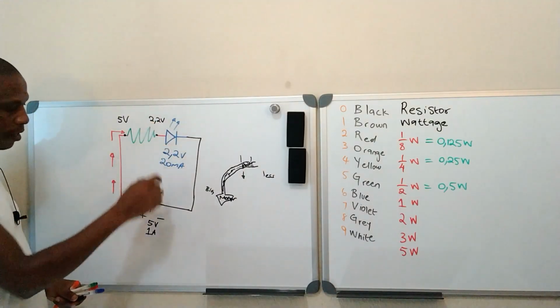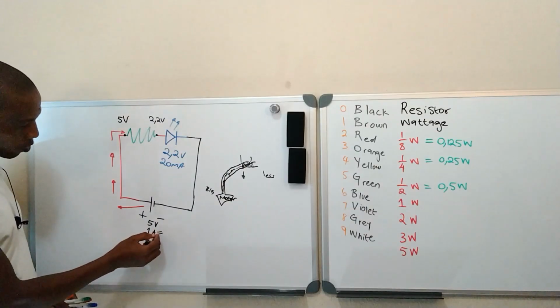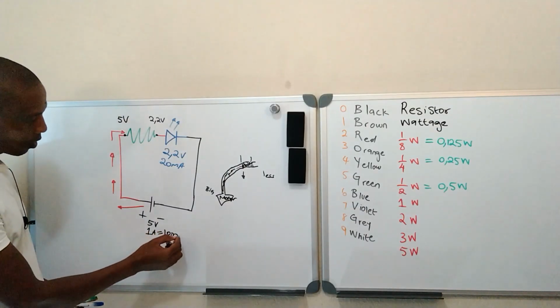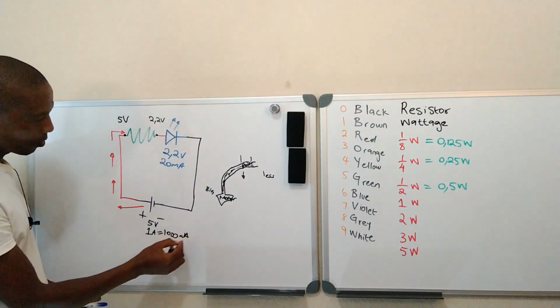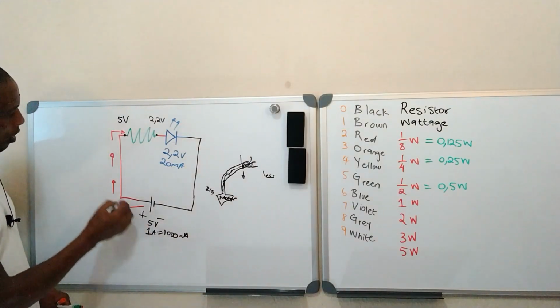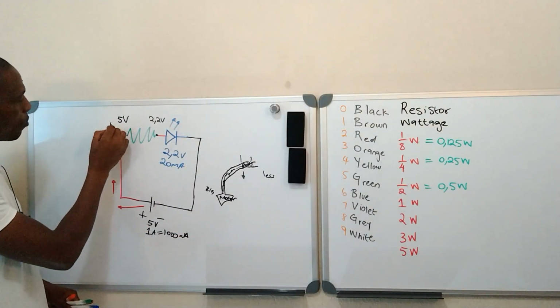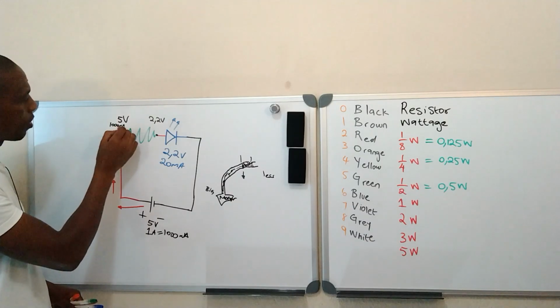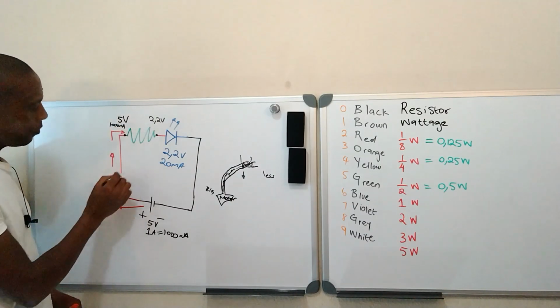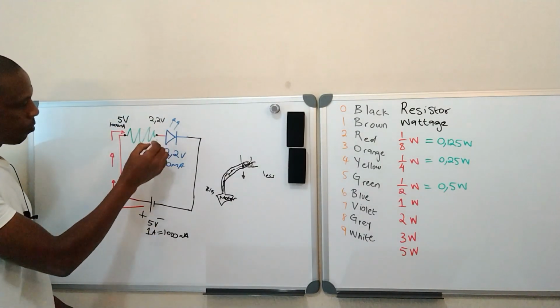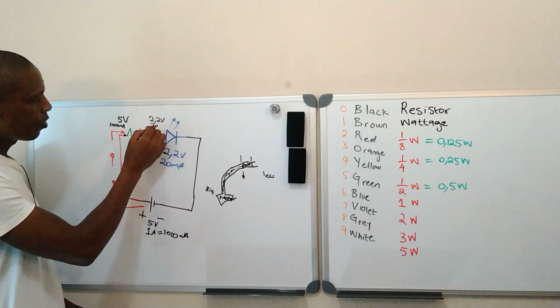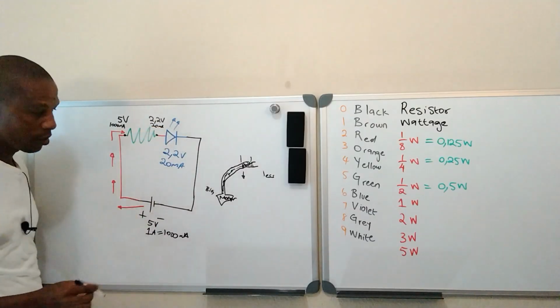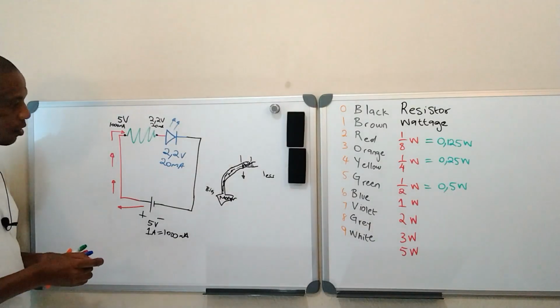The current inside is 1 amp, which is equivalent to 1000 milliamps. That 1000 milliamps will be at this point before the resistor. But now on the output, we need to reduce it to 20 milliamps. Does it make sense? Yes, sir.